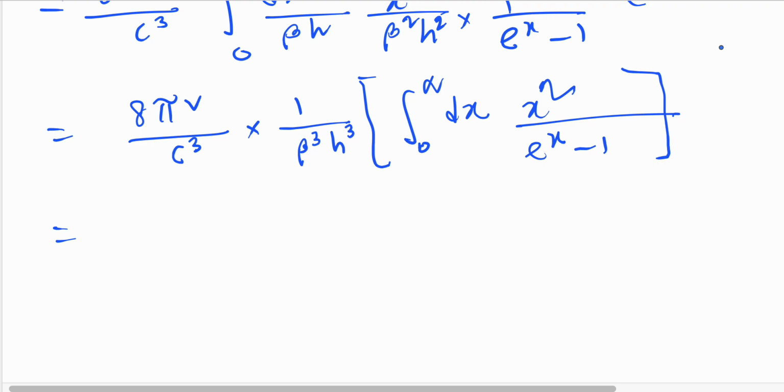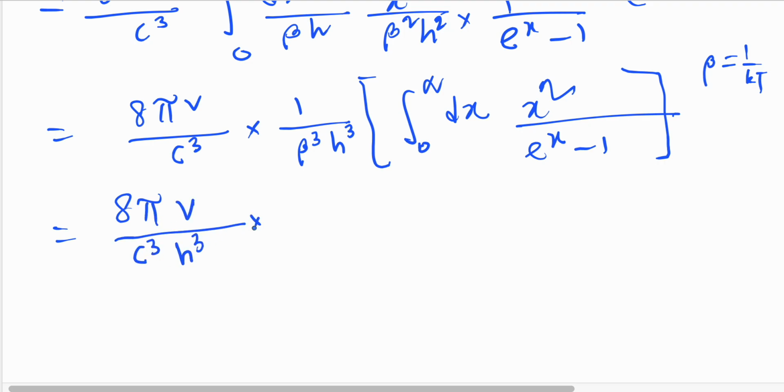So beta, we know that beta equals 1 by kT, so 8 pi V by c cube h cube. Beta means k cube T cube, and this integration gives a constant number.